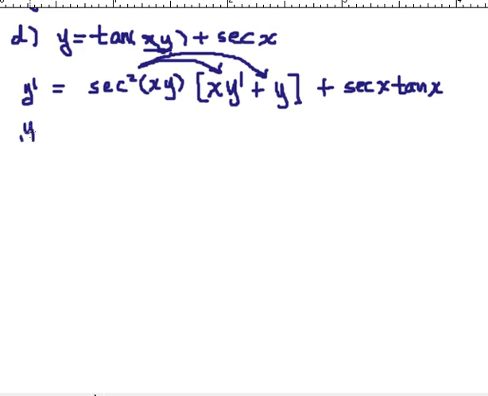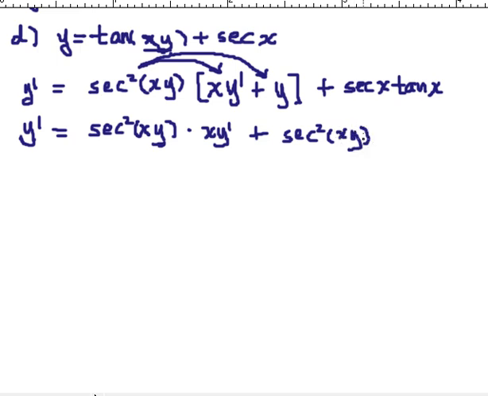So we have y prime is equal to secant squared xy times xy prime, that's this first term here, plus secant squared xy times y plus, let me just copy over, secant x tangent x.